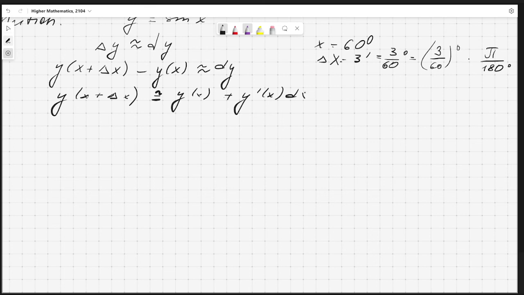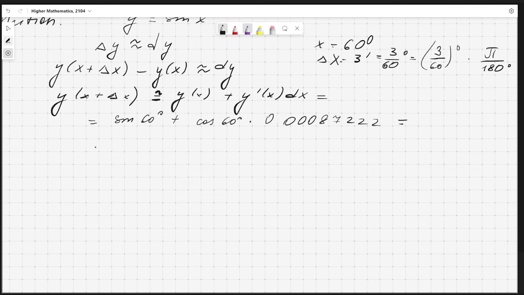It means y of x is sine of 60 degrees plus y prime, which equals cosine of 60 degrees times dx, which is 0.000436.